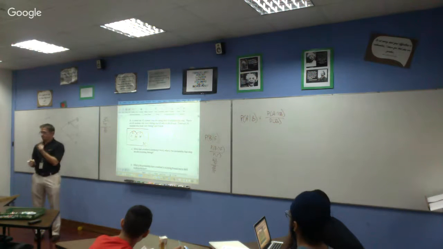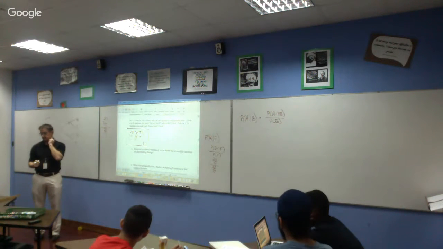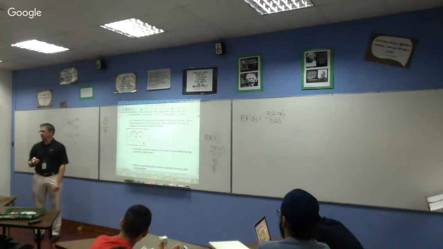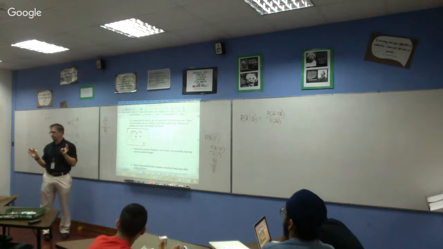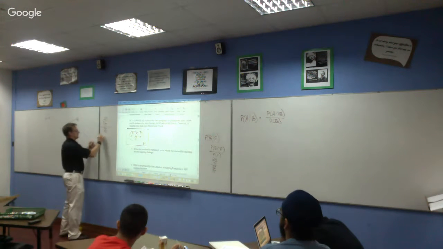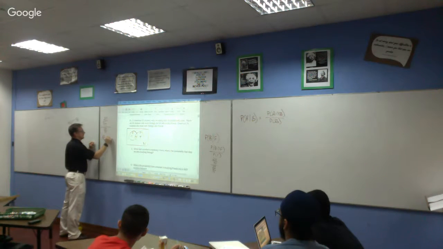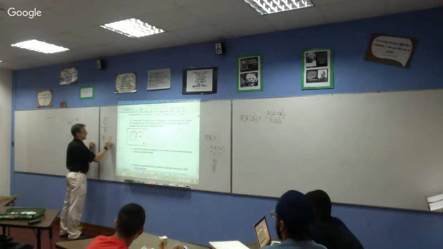Now, this is where you need to pay attention. Something that you potentially have forgotten from the 6th grade. There's no such thing as a fraction bar. Fraction bar means what? Divide. 24 divided by 95 divided by 39 divided by 95.